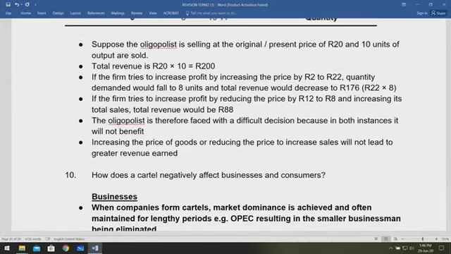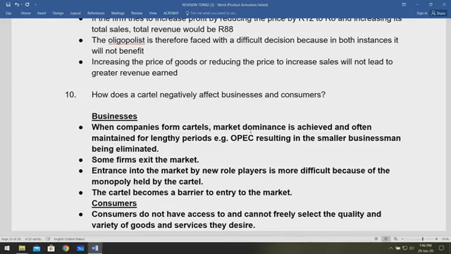It makes it very difficult for them to get into the market, and even some of the firms need to exit the market. And so the cartel in itself becomes a barrier to the market. The consumers, on the other hand, don't have access to a variety of goods and services, and also the cost is so much more, because the price is being manipulated, and this could be harmful to the consumer.